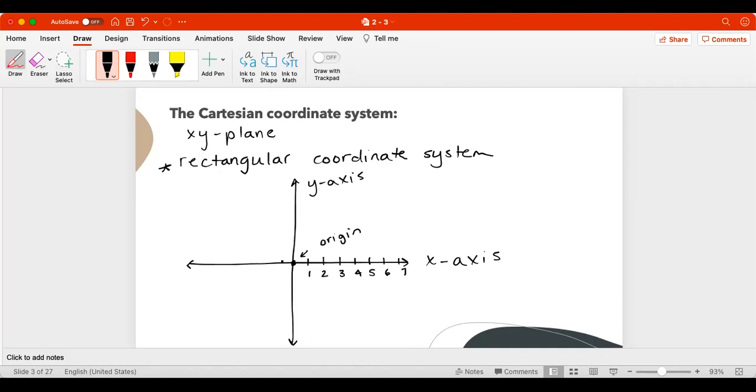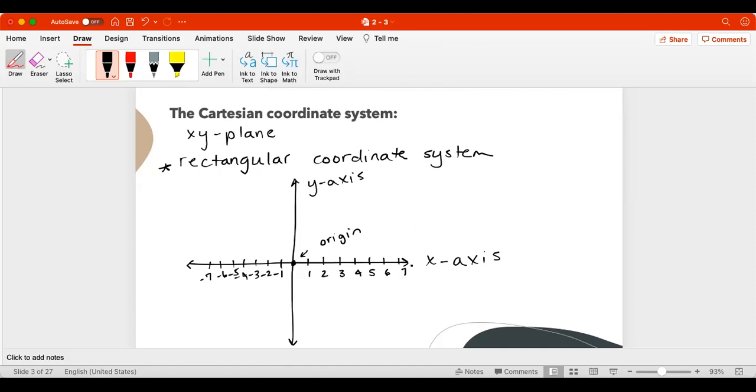And if you move to the left, we're going to write negative numbers. I think I made these a little bit closer than over here. That's okay. The idea is the same though. The further you move away, the bigger the absolute value of these numbers gets.